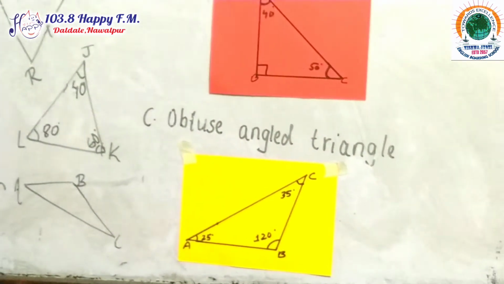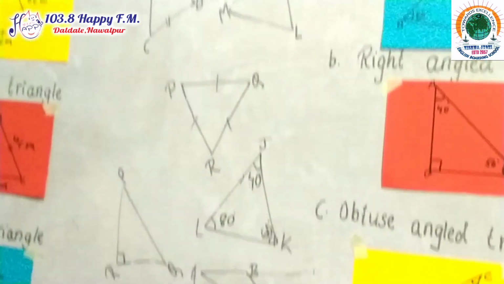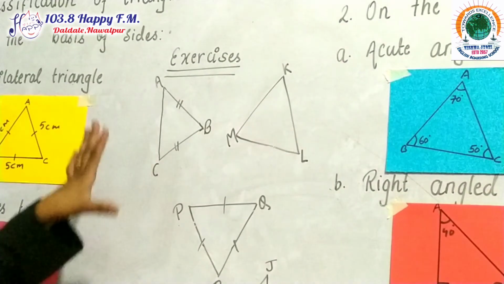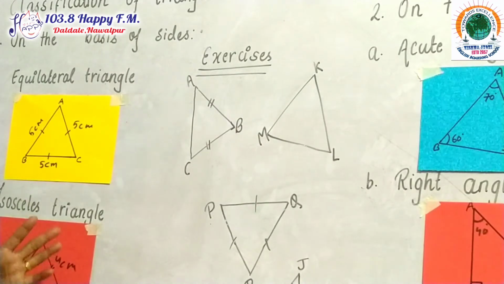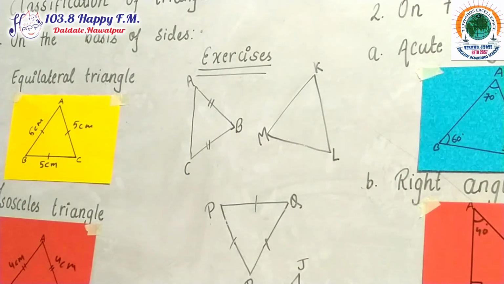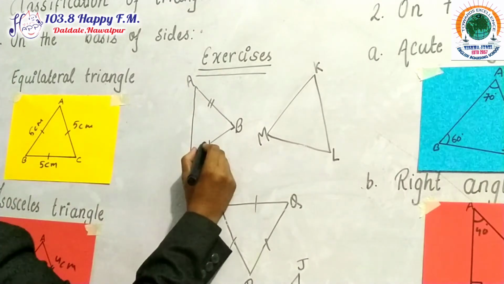I have some exercises for you today. Here I have drawn some triangles so that you will be able to answer what their types are. Can you name this triangle? Here, you can see these marks.